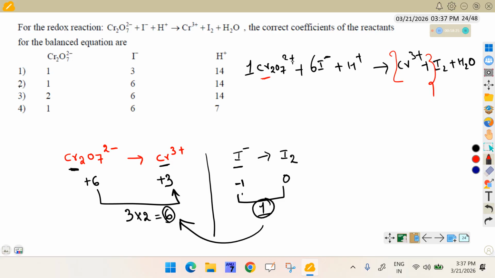Hydrogens also need balancing. Before that, how many oxygen atoms? 7 oxygen atoms. Take 7 moles of H2O. Right. Now charge: plus 2 into 1, plus 2, minus 1 into 6, minus 6. Here total charge is plus 6 plus 6 minus 2. Difference is minus 4.